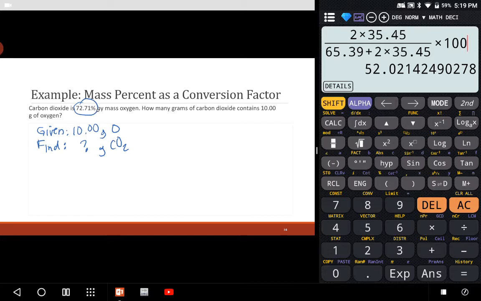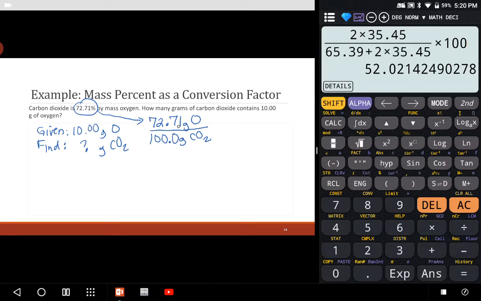And so that's the route we're going to go today. How this works, though, is this conversion factor here says that for every 72.71 grams of oxygen, that's out of 100 grams of carbon dioxide, because percentages are always out of 100. So if I had 100 grams, 72.71 grams of that would be oxygen.